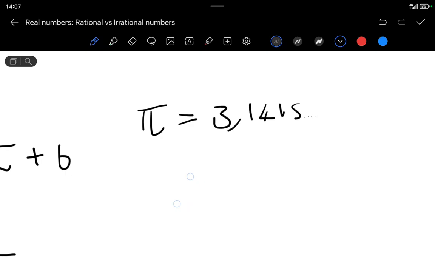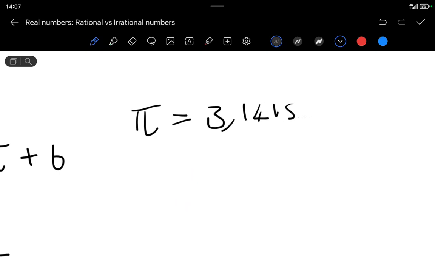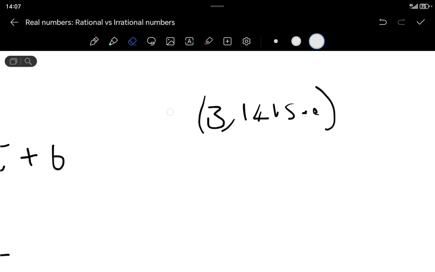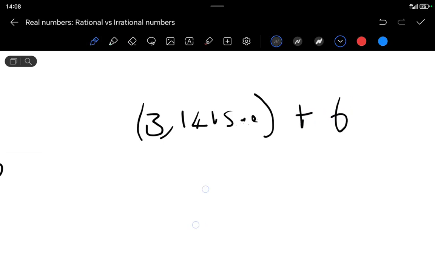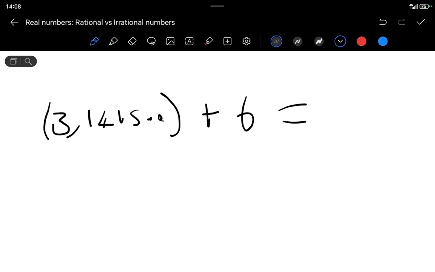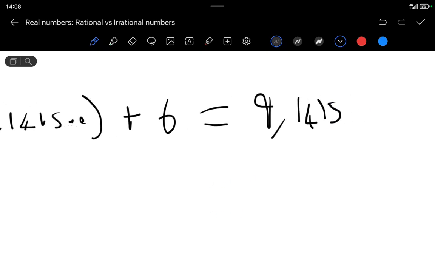If you add this to 6, you're going to get 9.1415.